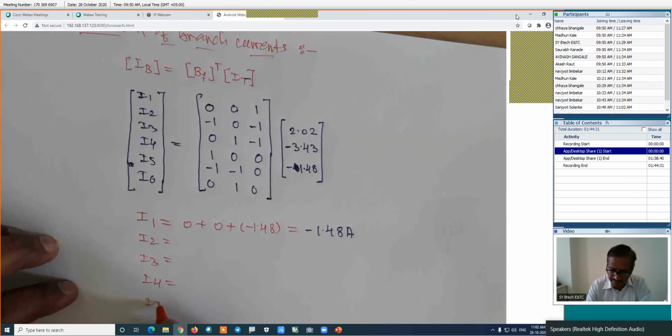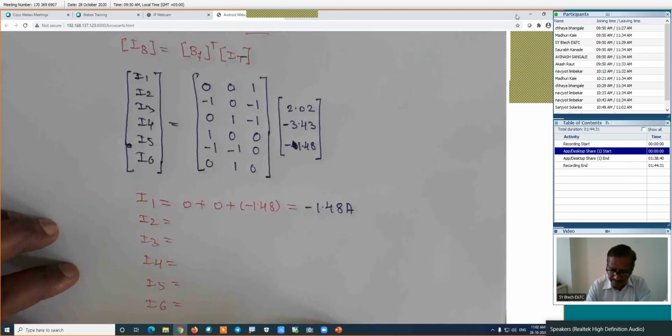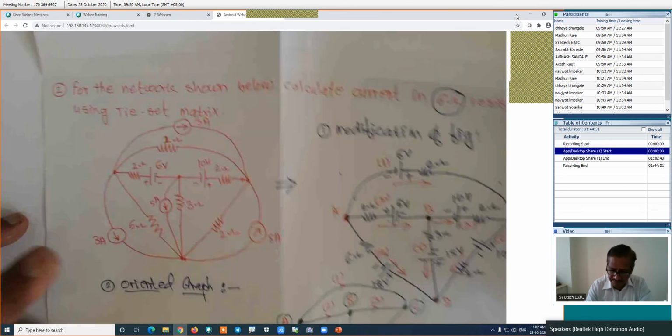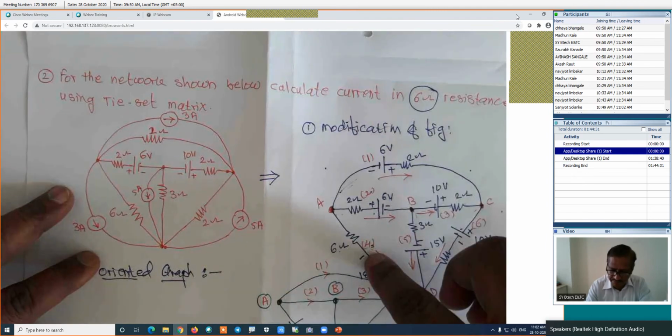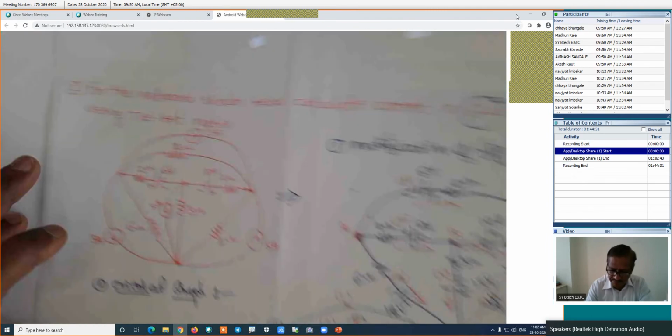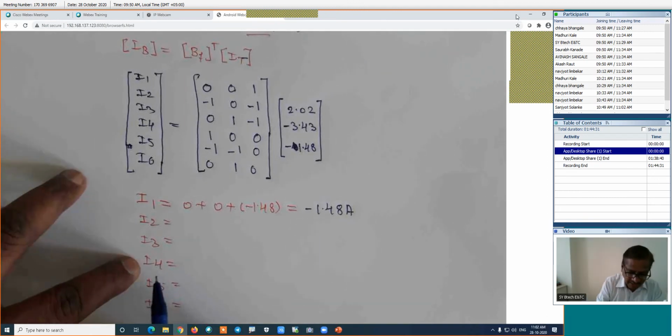Means we are interested only in the calculation of the current in branch number 4. This may be branch 1, 2, 3. This is I4. We are interested in I4. This may be I5 and this may be I6, but we are not interested in all the currents. The question asked is to calculate the current in the 6 ohm branch, which is branch number 4.